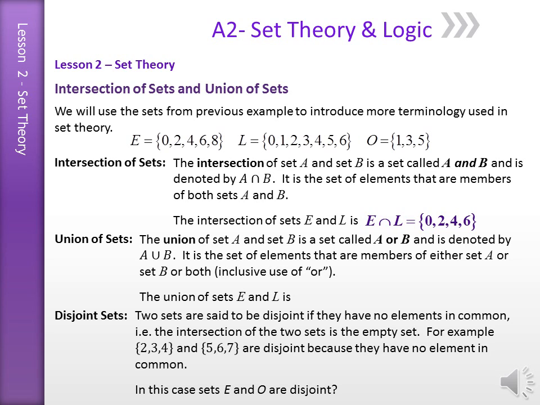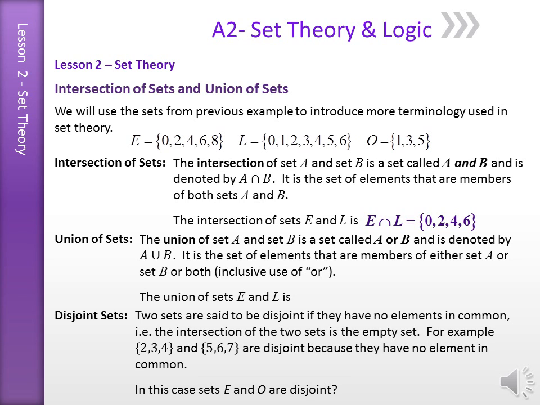Union of sets. The union of set A and set B is a set called A or B and is denoted by A union B. The union symbol looks like a U. It is the set of elements that are members of either set A or set B or both.